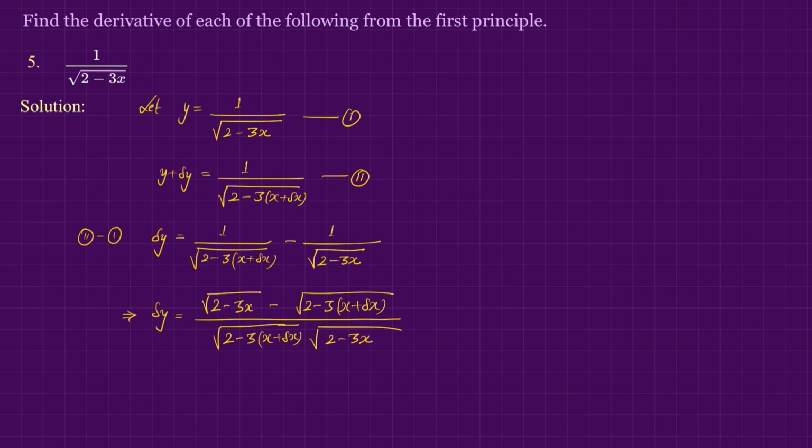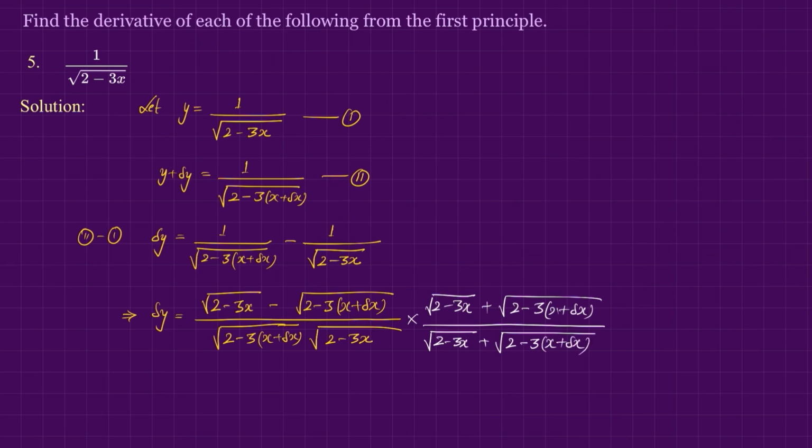So in order to rationalize the numerator, we will multiply by root over 2 minus 3x plus root over 2 minus 3 times x plus delta x, over root over 2 minus 3x plus root over 2 minus 3 times x plus delta x. Now since in the numerator it is in the form of a minus b times a plus b, this is the formula for difference of squares, that is a square minus b square.